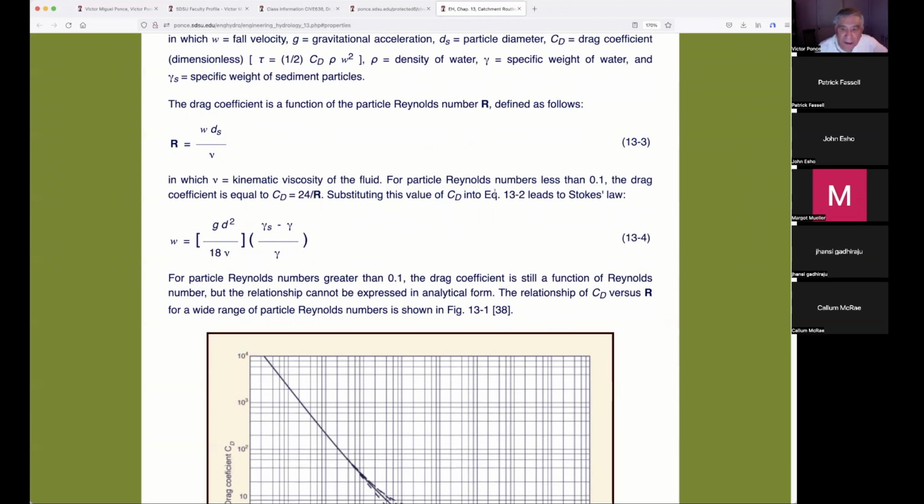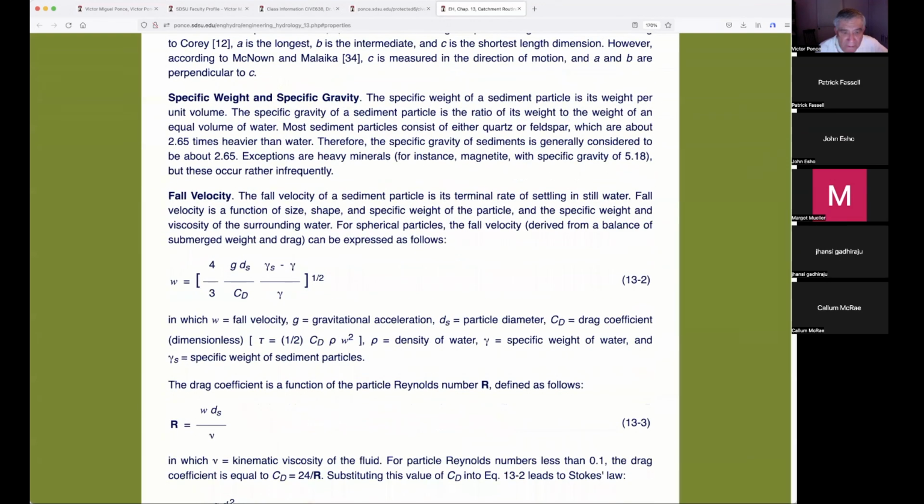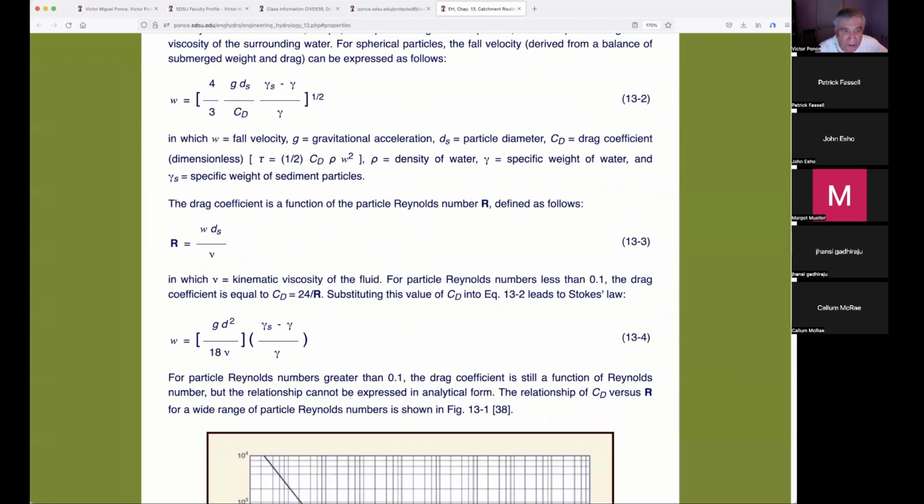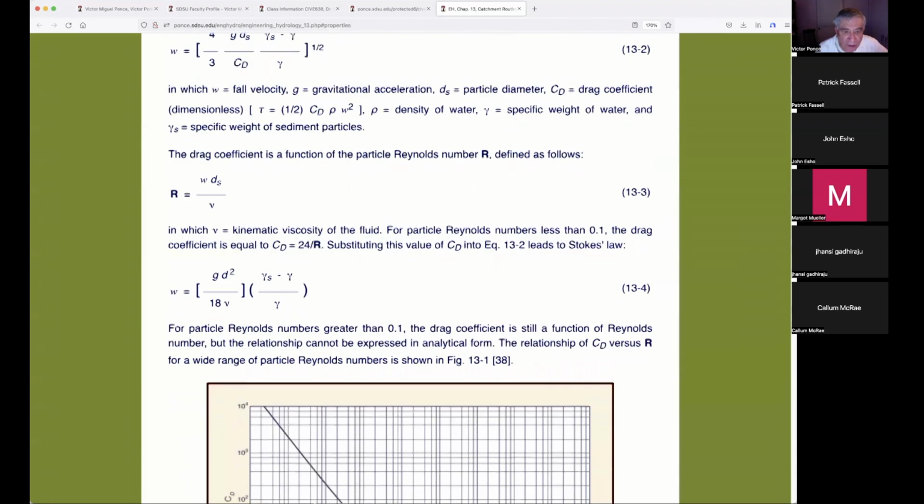And then when we substitute this into equation 13.2, and you can verify that for yourself, we get the W in here. One second. Where is it? Oh, here. We get 13.2 in there. Okay. That is Stokes Law.